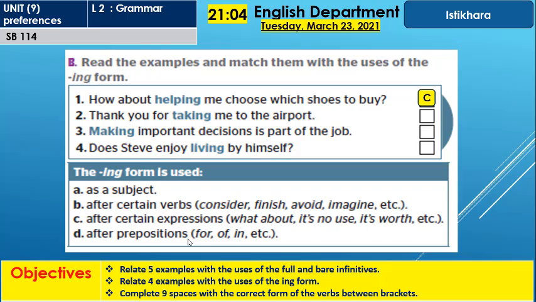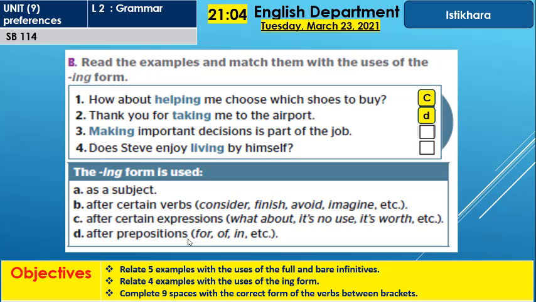The second sentence, thank you for taking me to the airport. This is obviously because it is after a preposition. The third sentence, making important decisions is part of our job, and here making, the ing form, plays the role of a noun.